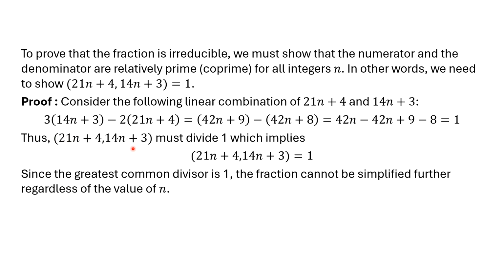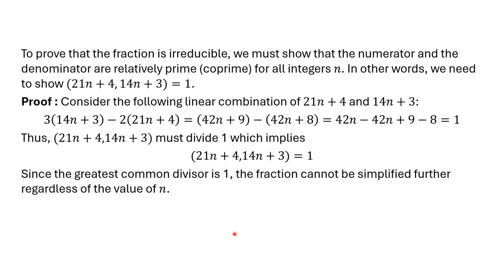Thus, the GCD of these two numbers must divide 1, which implies that the GCD of the two numbers is 1. That's the only option you have. And since the greatest common divisor is 1, the fraction cannot be simplified further regardless of the value of n. In other words, it's irreducible.